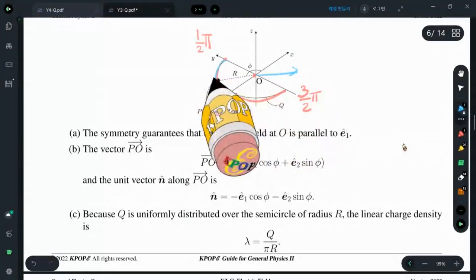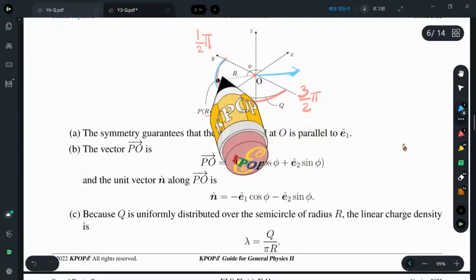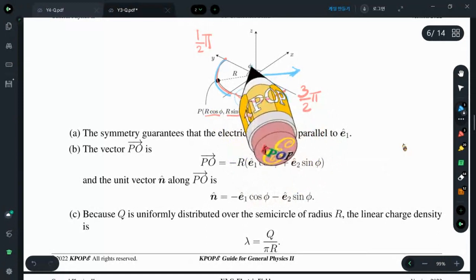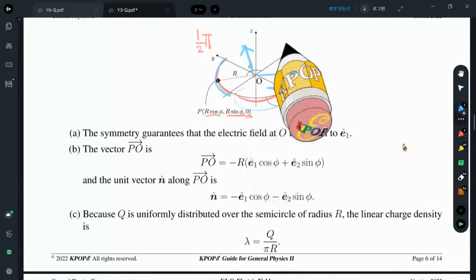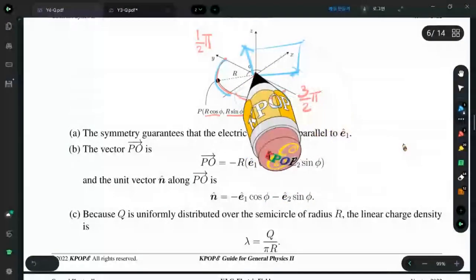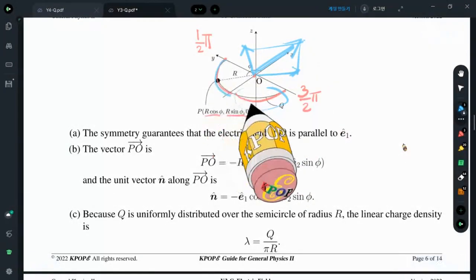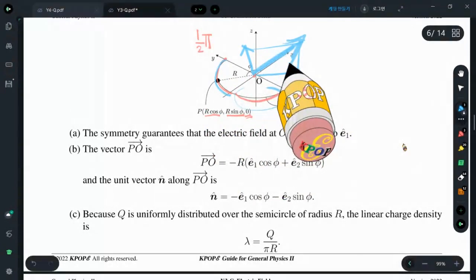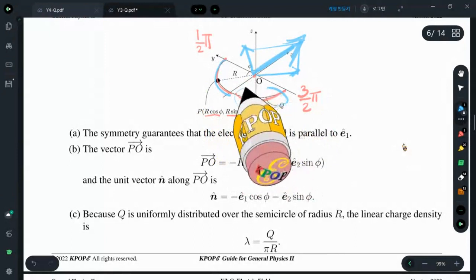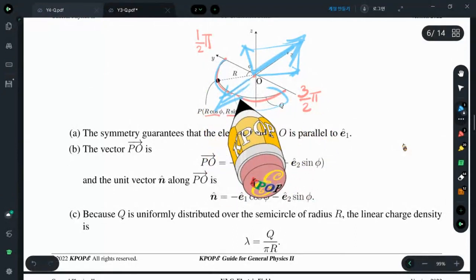This contribution will generate the electric field along this direction, and the other half will contribute in such a manner that the resultant electric field is along the x-axis. If the charge is positive, the electric field is along the x-axis. If the charge is negative, the electric field will be along this direction.